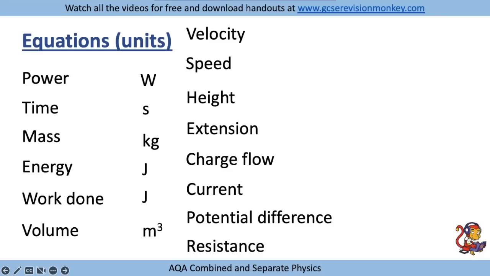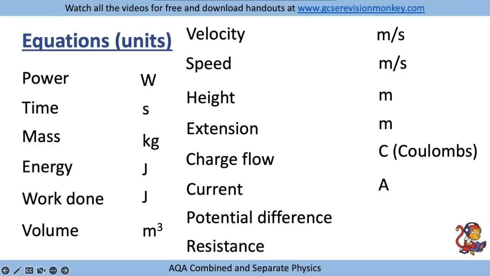Volume in meters cubed, velocity and speed both in meters per second, height and extension, as they're both measures of distances, they are meters. Charge flow is coulombs, current is amps, potential difference is volts, and resistance is ohms. So they're the key ones that you need to know for paper 1.